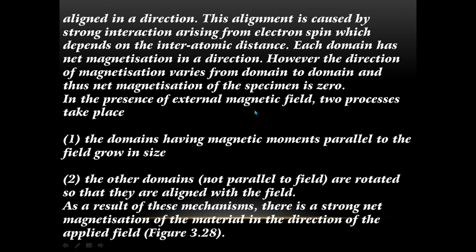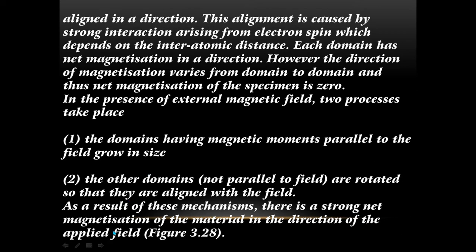In the presence of an external magnetic field, two processes take place. What are the two processes? Very, very important. First, domains having magnetic moments parallel to the field grow in size.